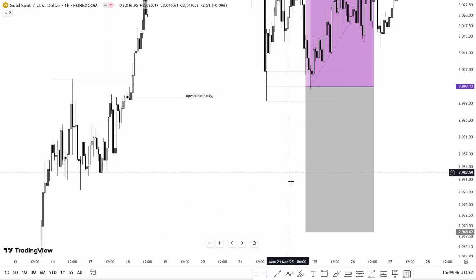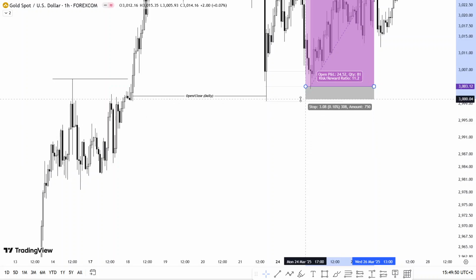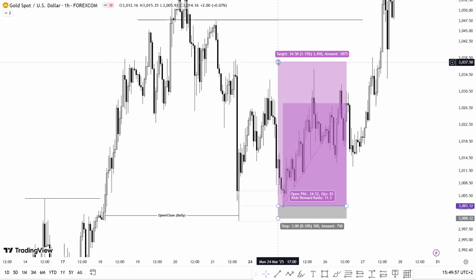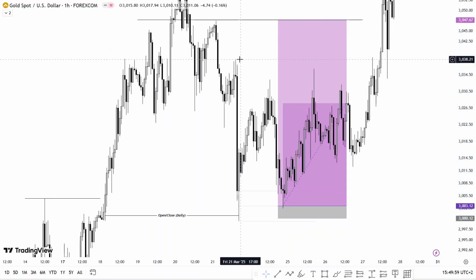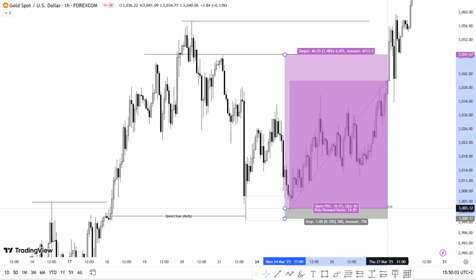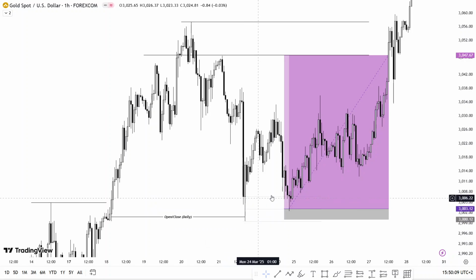There's so many approaches that you can use, and then you can use a 30 pip stop loss right around here, and then first target being here, right? First target being there, and you can easily catch this trade just using that concept, right? Daily open close, wait for the 1 hour wick, and then you do 50%, right? And then you take it like that.